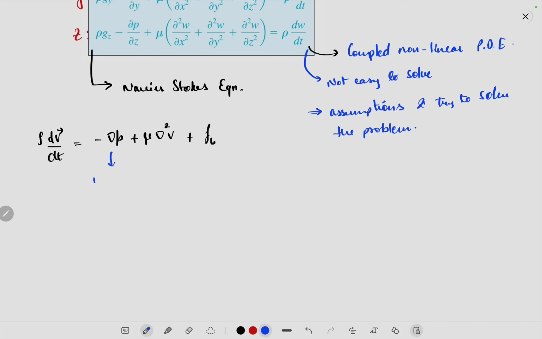This is the pressure force per unit volume, this is the viscous force per unit volume, and this is the body force per unit volume.